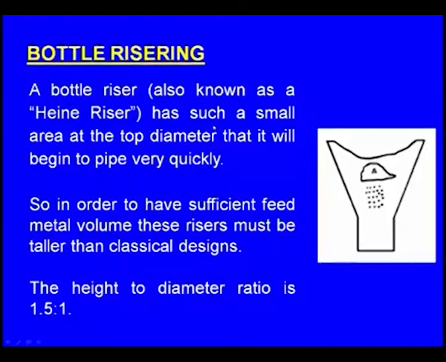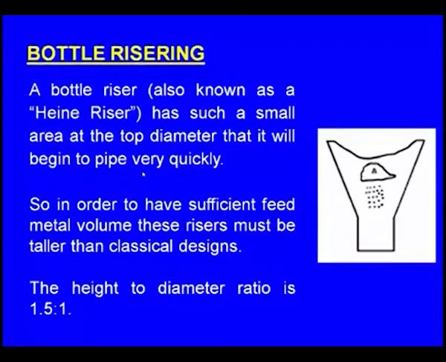A bottle riser, also known as a Hein riser, has such a small area at the top diameter that it will begin to pipe very quickly. What is the specialty of a bottle riser? Its top diameter will be very small.